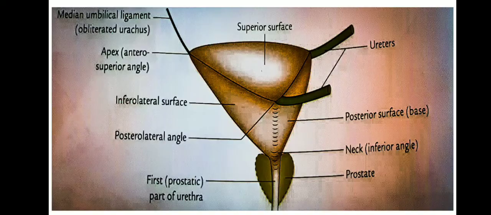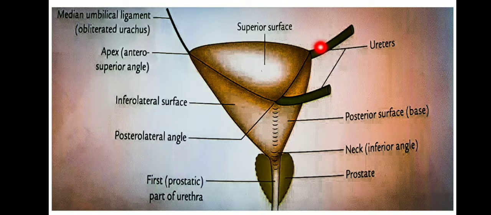Now moving on to the superior surface, which is bounded by three borders, that is the posterior and two lateral borders, where it joins the ureteric orifices. Here you could see in the picture.